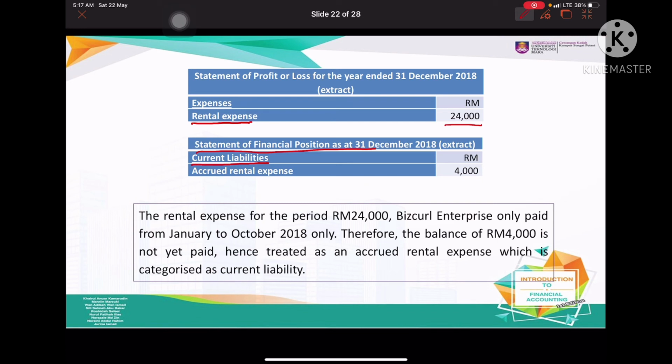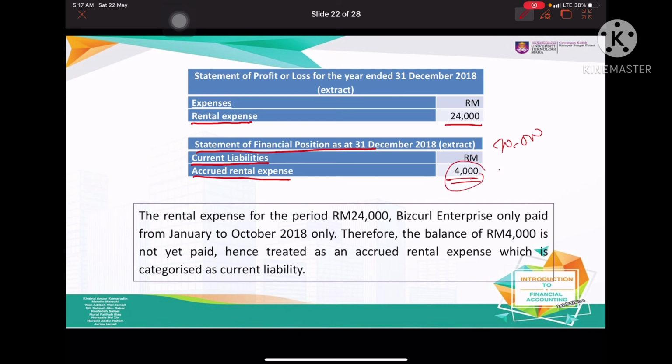It means that the company still owes, or has the responsibility to pay, the person who gave the rental. So the accrued rental expense is 4,000, because they only paid 20,000. So the 4,000 is accrued.